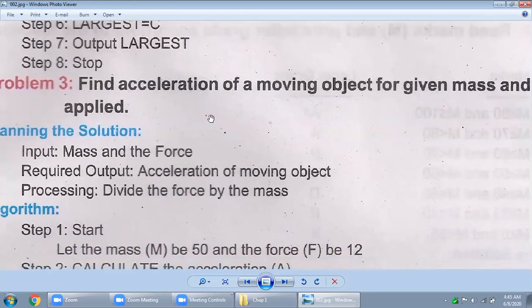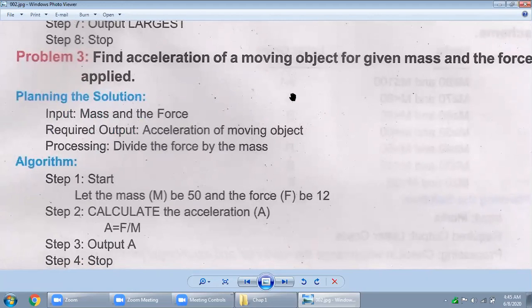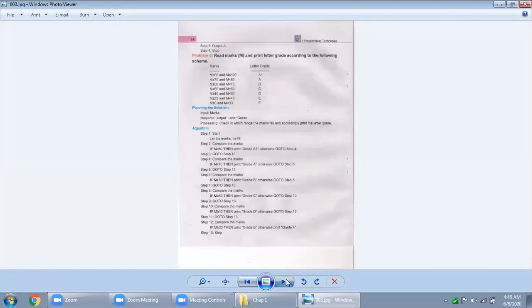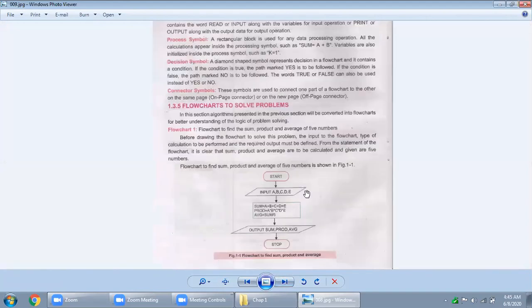The next assignment was to find the acceleration of a moving object of given mass and force. I gave you the flowchart on this one. Yesterday I didn't tell you, so I hope you tried it yourself, but today we will solve this one and I will show you the figures and diagrams of the flowchart.